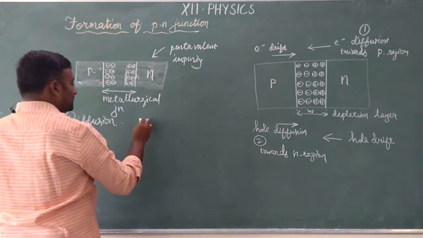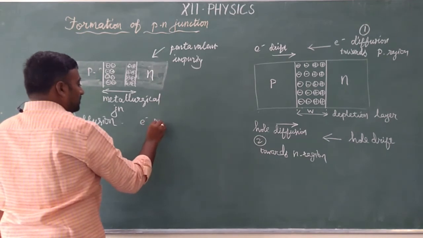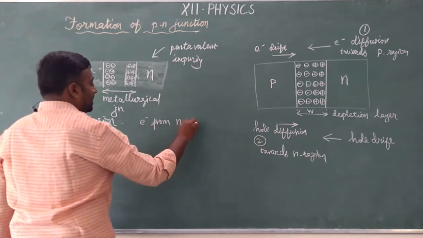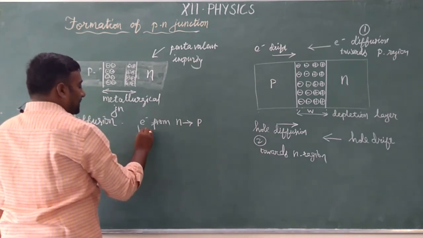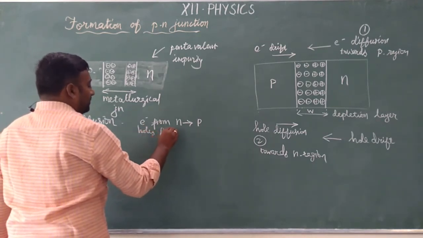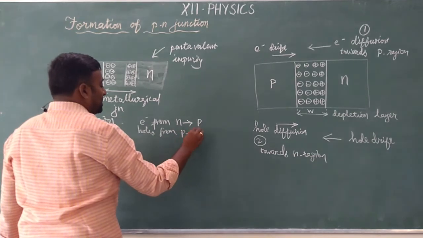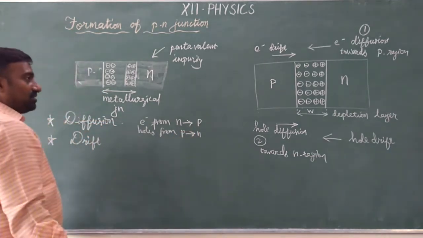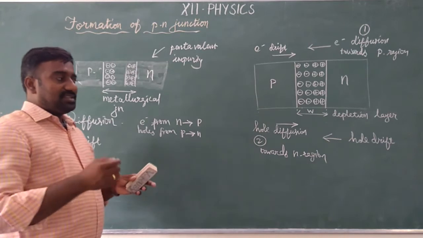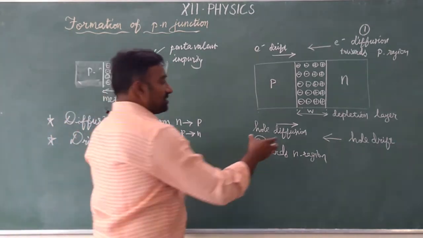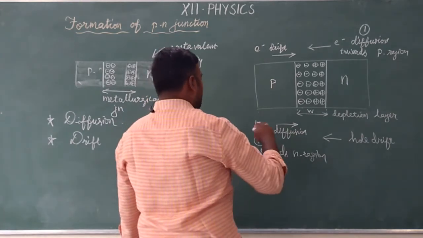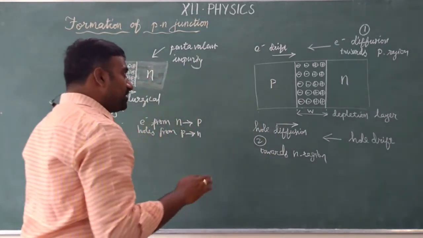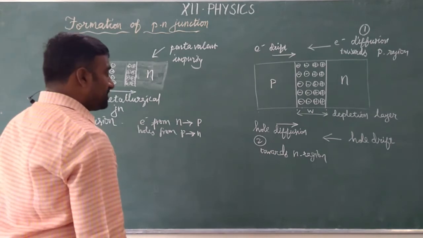Diffusion means the diffusion of electrons from n to p, and the diffusion of holes from p to n takes place. Because of that, there is the depletion layer, the layer which may reduce. But it will be balancing. Before reducing, the next one is drift. What is called drift?